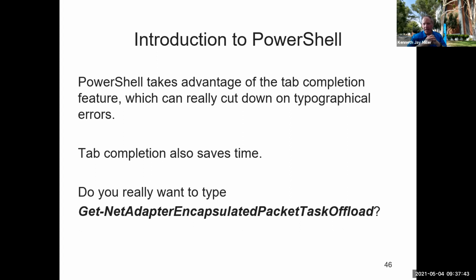The same thing will happen in PowerShell, because do you really want to type Get-NetAdapterEncapsulatedPacketTaskOffload? No, you don't want to type that. So what you do is just type get-net, hit tab, and then if there's no response, type a little bit more, hit tab until you get the response that you're looking for. And it's going to be nice and neat.